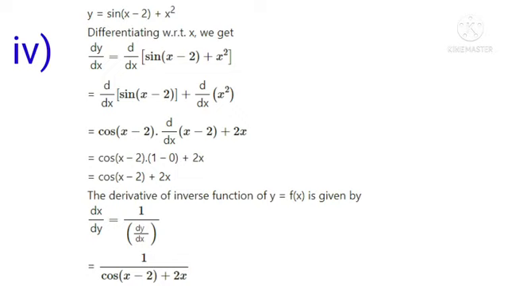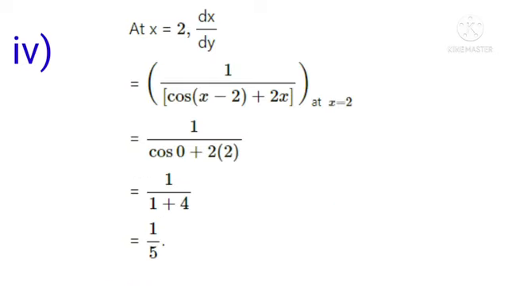Now the derivative of the inverse function of y is equal to f of x is given by dx by dy is equal to 1 upon dy by dx is equal to 1 upon cos of x minus 2 plus 2x. Okay.